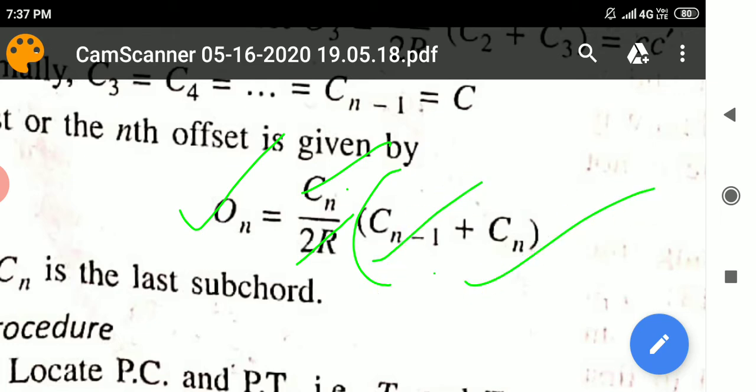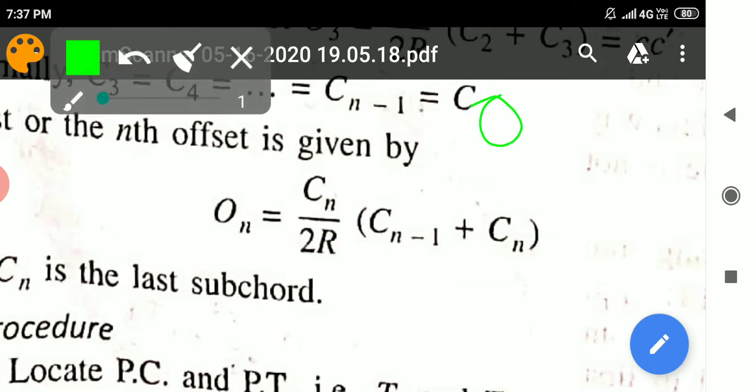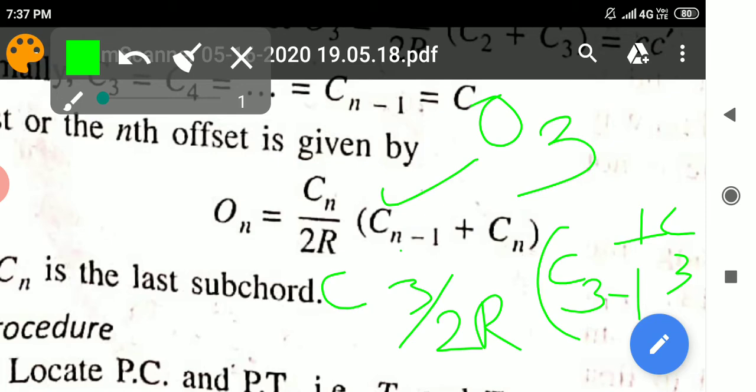If I want to find O3, I put n as 3: C3 divided by 2R into C2 plus C3. So that is nothing but C3 by 2R into C2 plus C3.